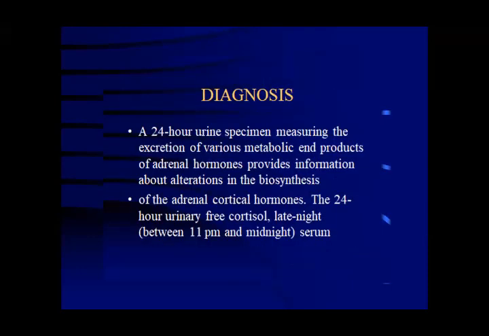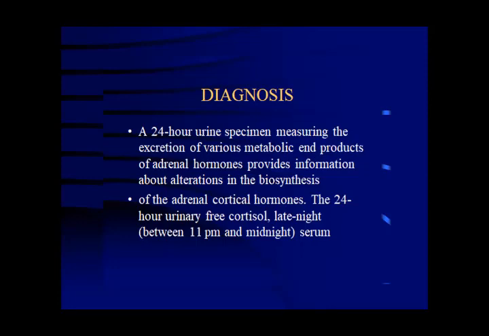The best test performed to know the level of cortisol is the 24-hour urine specimen. The 24-hour urine specimen contains various end products, because this hormone has certain enzymes in the production of cortisol. I will show you the algorithm of the hormones and their picture after a few slides.